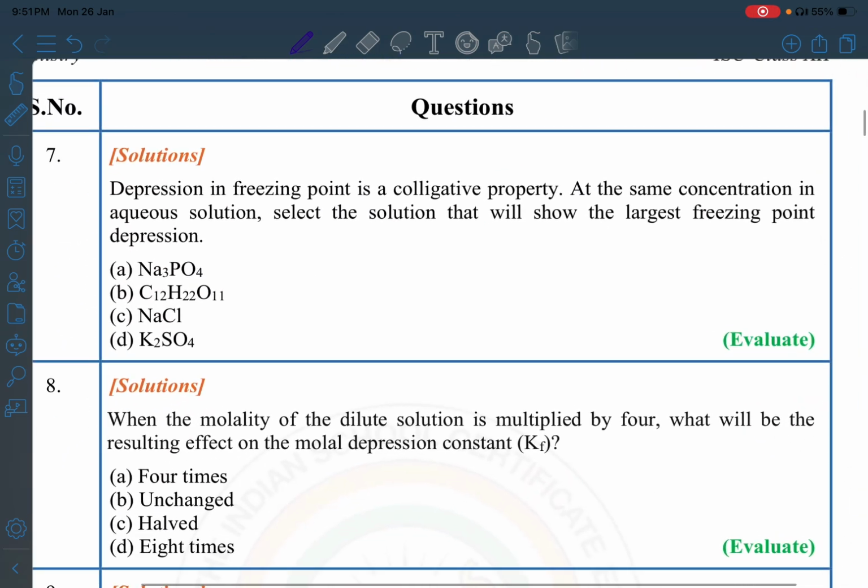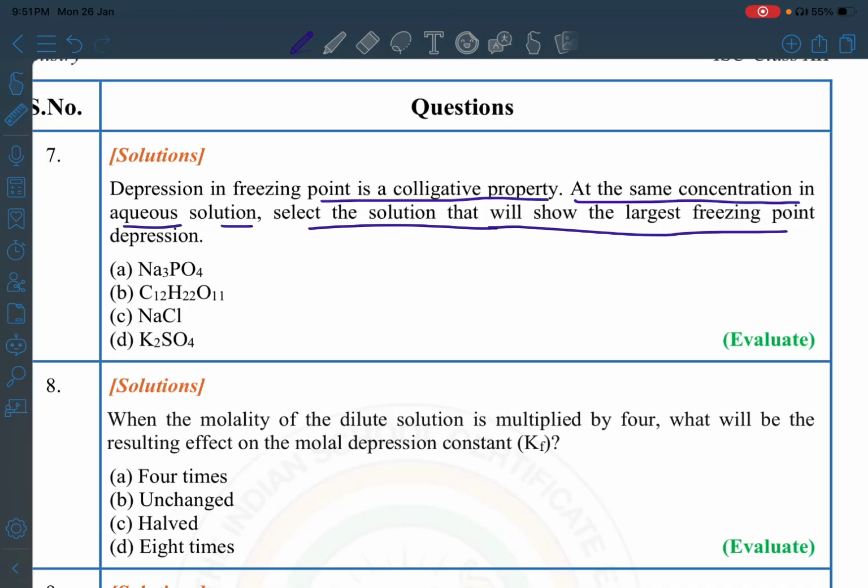Then question number 7, depression in freezing point is a colligative property. At the same concentration in aqueous solution, select the solution that will show the largest freezing point depression. Okay, so the formula for depression in freezing point is delta Tf equals i Kf m.